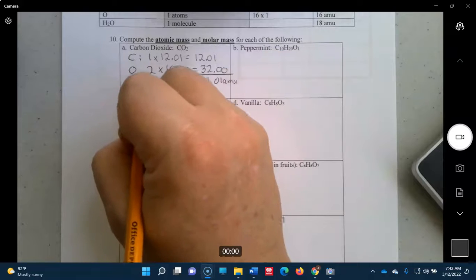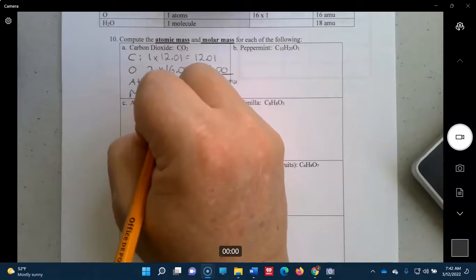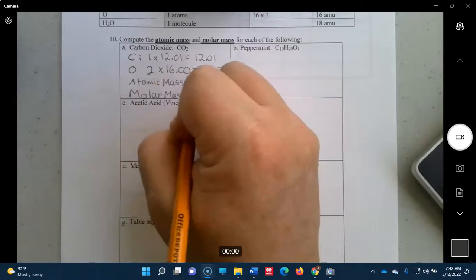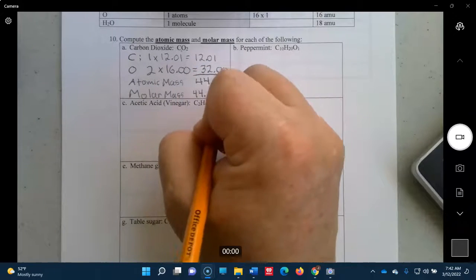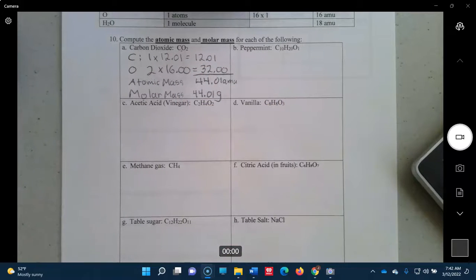And molar mass, same number, grams. And that's how you do all of these. Okay, so I'm going to do about five or six of them here and leave the rest for you.